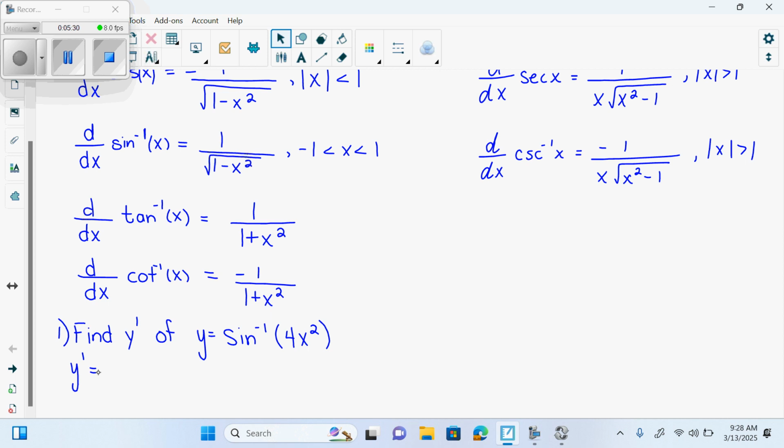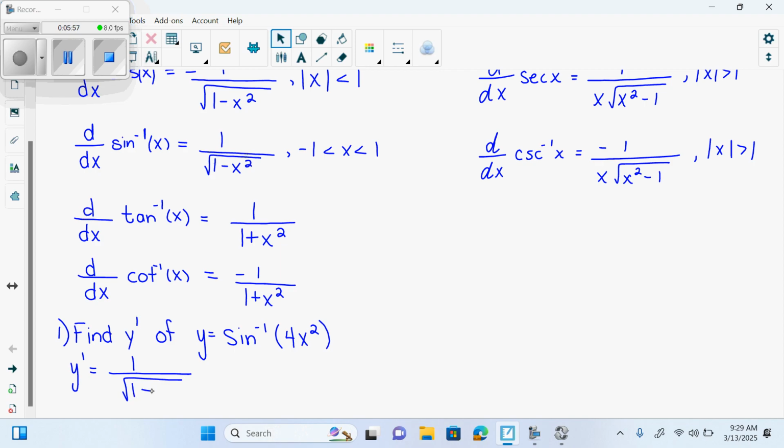Y prime. We do the same thing as we did with normal derivatives. We're going to do sine or cos or tan, whatever it may be, of that angle, and then we chain rule it, multiplying by the derivative of the inside. So the derivative of sine neg 1 is 1 over the square root of 1 minus x squared. But x isn't x.